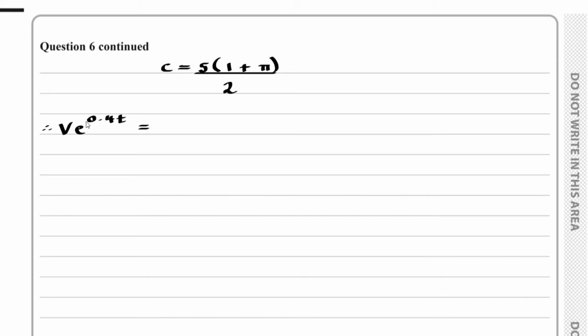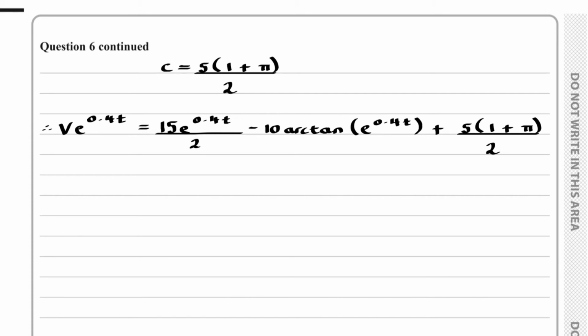We have ve to the 0.4t equal to 15e to the 0.4t over 2, subtract 10 times the arctangent of e to the 0.4t, and then we add on 5 multiplied by 1 plus pi over 2. Now we want this in the form of v equals some function of t in simplest form.